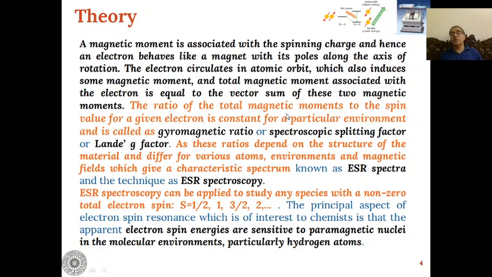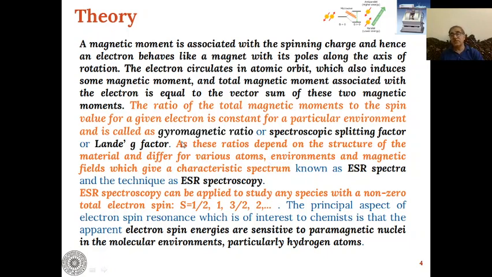Then the ratio of the total magnetic moment to the spin value for a given electron is constant for a particular environment, and this is known as the gyromagnetic ratio, also called the spectroscopic splitting factor or Lande G factor. So all three names are for this quantity only, where we calculate the ratio of the total magnetic moment to the spin value for a given electron in a particular environment.